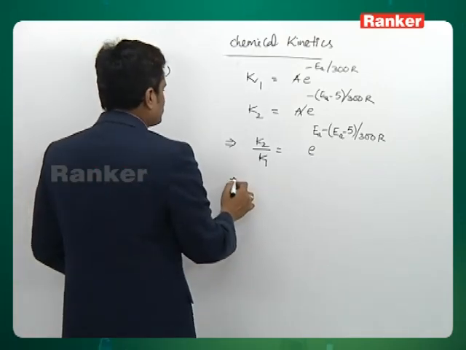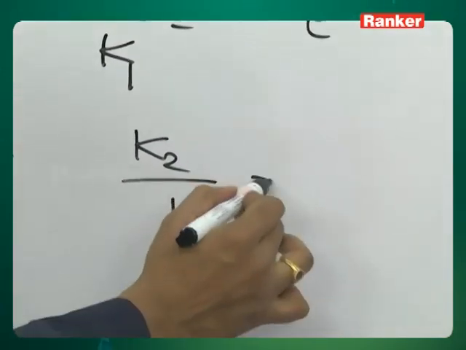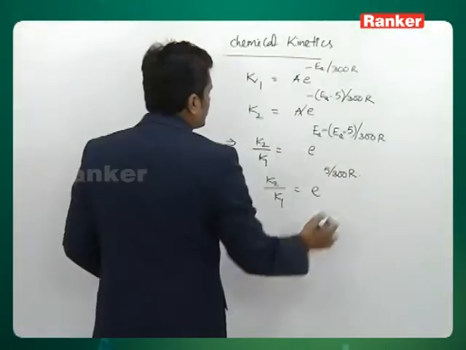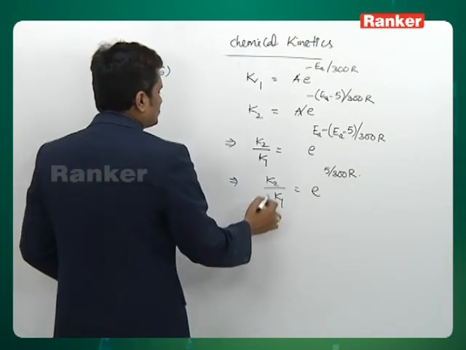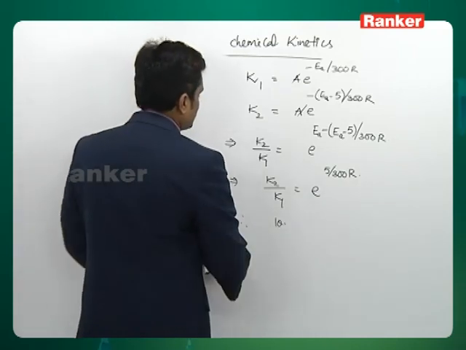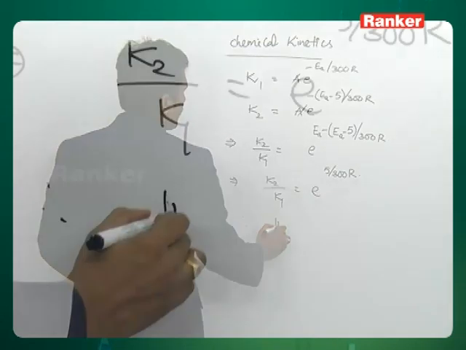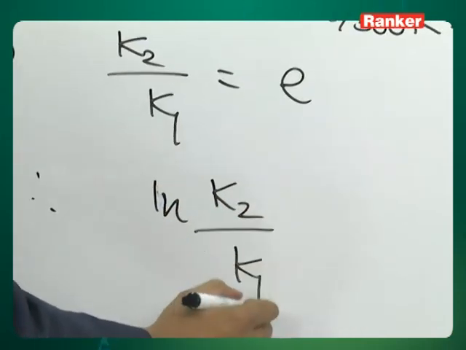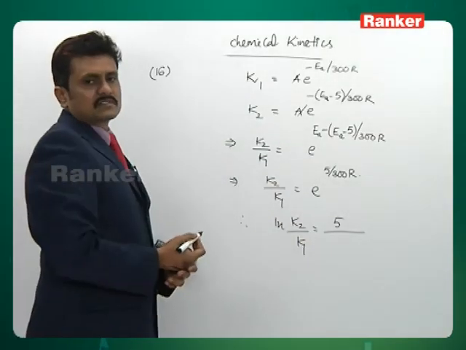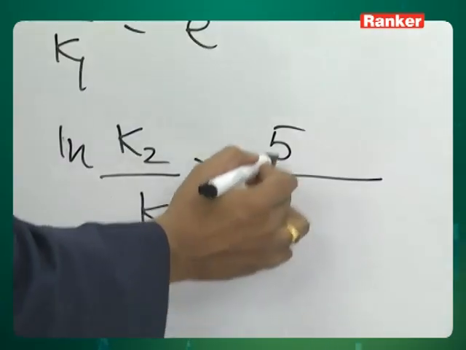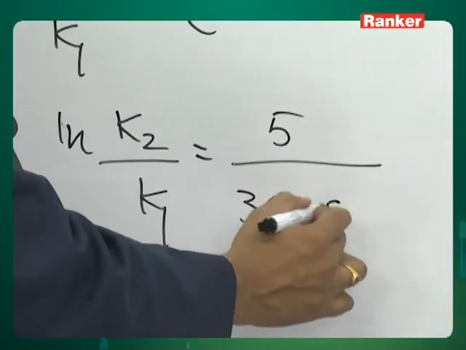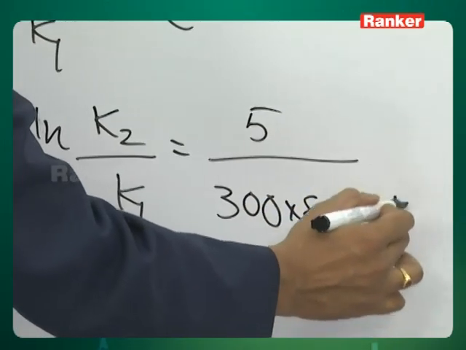Now you are going to get K2 by K1. Your activation energy got cancelled. So therefore, when I am using the logarithm, that is base e, ln K2 by K1 is equal to 5 upon 300 times R. Here the activation energy is decreased in kilojoule per mole, hence we will be using the R value once again in kilojoule per mole.